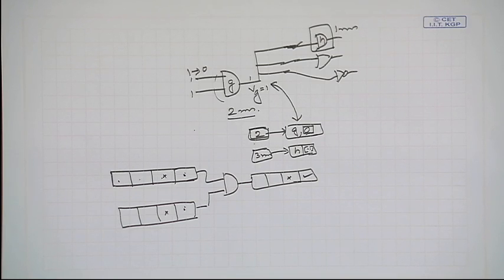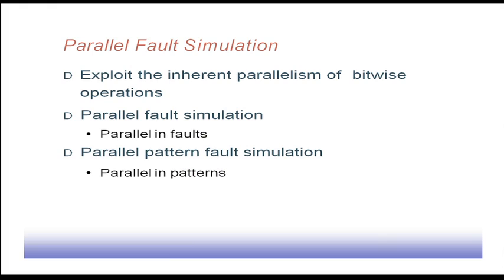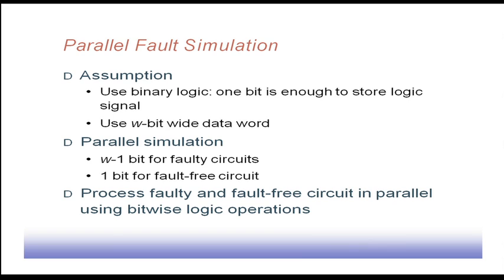Accordingly, we get 4 different values for the same signal line. That is the theory of parallel fault simulation. Another one is parallel pattern fault simulation. Here we are simulating a single fault, but I take 4 such patterns and combine them into one chunk and do the simulation together. So both versions are available, and we will see them one by one.